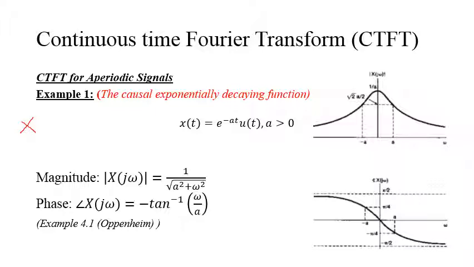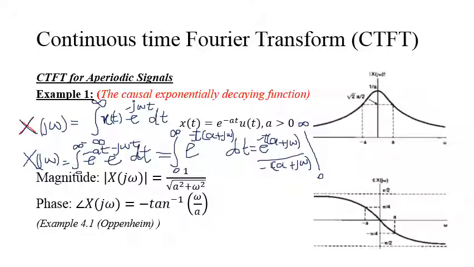Okay, so x of j omega equals, if you recall, because we have shown you the formula on the previous slide, x of j omega equals the integral from minus infinity to infinity of x of t times e power minus j omega t dt.